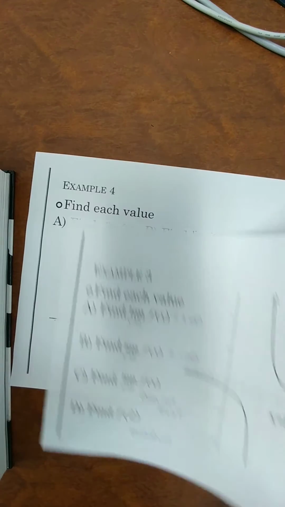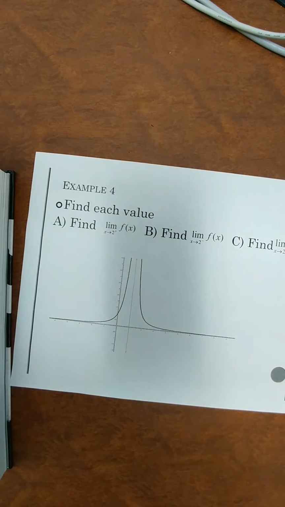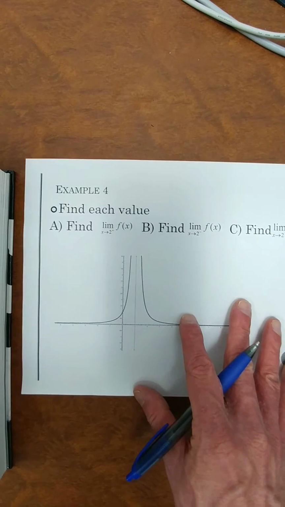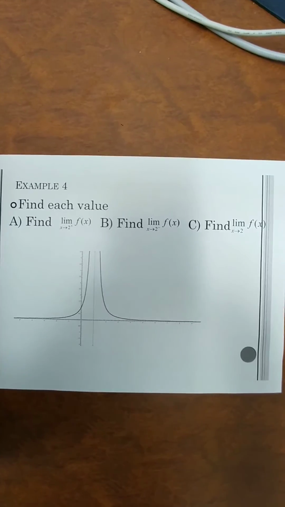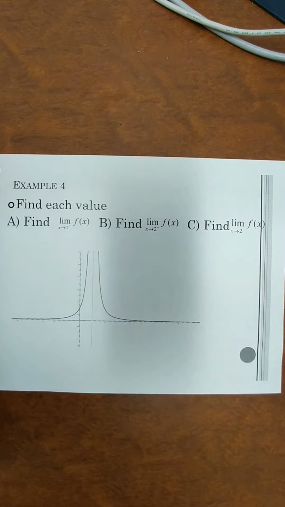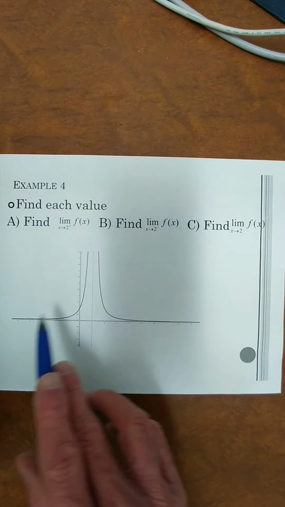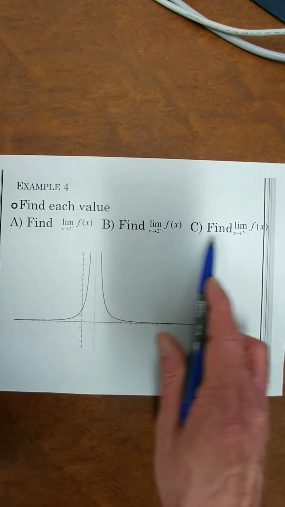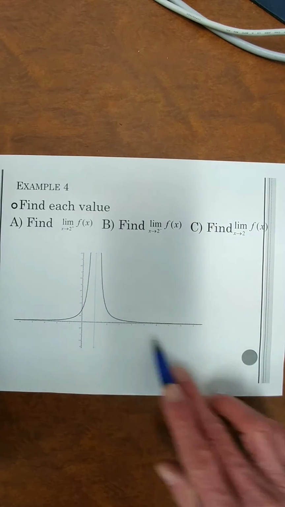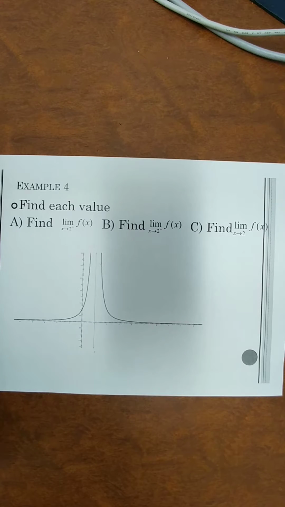Okay, one more example dealing with curves and limits and the asymptote. In this one, notice that we have an asymptote at 2 again, but on both sides the curve appears to be going upward.